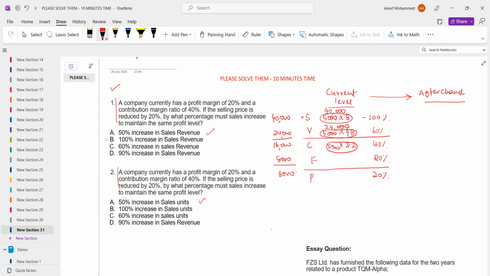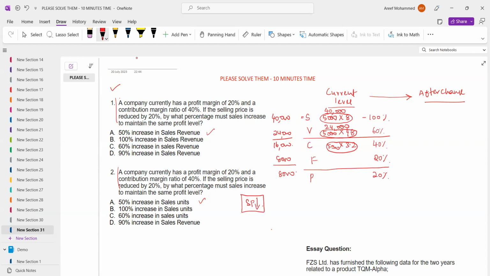So now the question is, the company currently has a profit 20% and a contribution margin 40%, means variable cost is 60%. If the selling price is reduced by 20%. Now only the selling price is reduced.